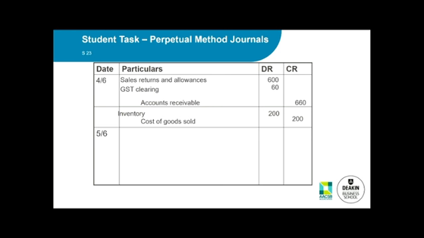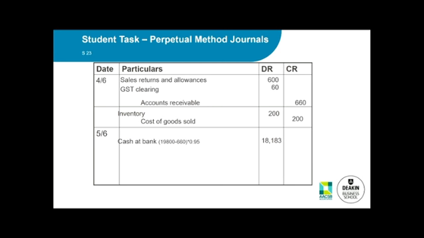But that's not how much we're going to be getting from them in cash. We're going to be getting that minus the 5% discount. So how much are we actually getting from them in cash? $18,183. Okay, let's have a look. $18,183, correct. And that's going to be cash. We're receiving that in cash, so we debit cash.